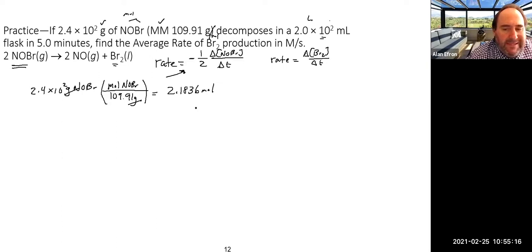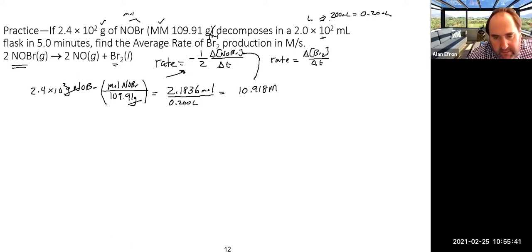Close to molarity, but that's just moles. So over here we have 200, right? It's basically 200 milliliters, which is the same as 0.2 liters. So we would divide that by 0.2 liters, and that will give us our molarity, which is 10.918 molar. That technically would be what would go up there on top.